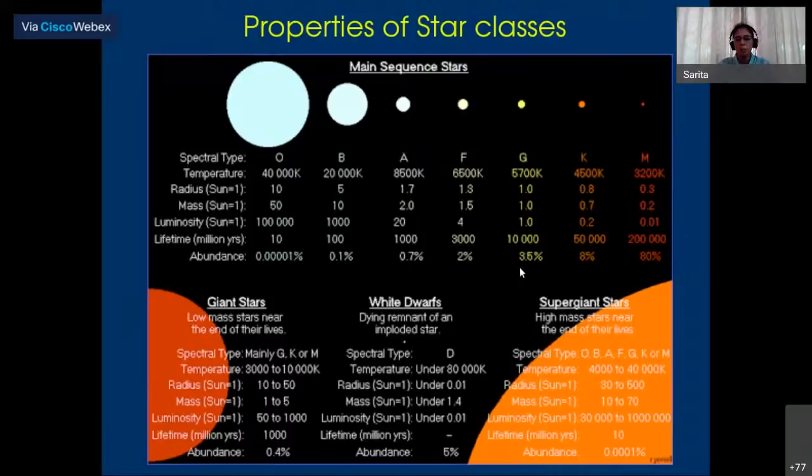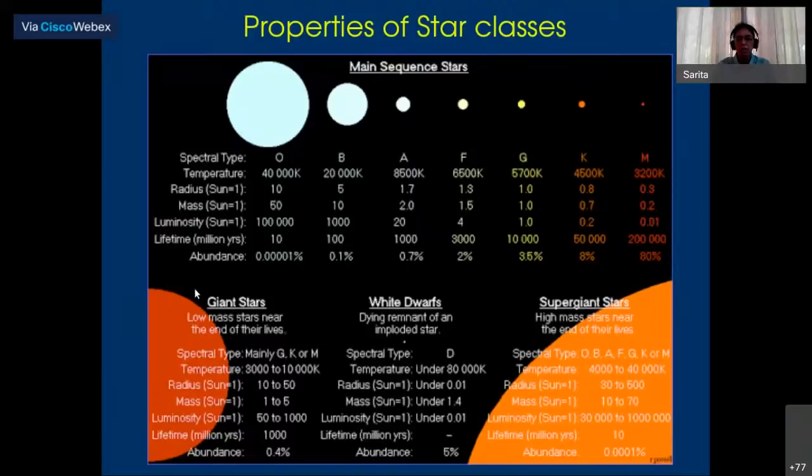And abundance does not mean the composition here. Abundance means, suppose you take a random group of stars, how often you will find O type stars, how often you will find red type stars. And from this you can immediately see that the low mass stars are much more common than the high mass stars. So we will be touching on some of these aspects as we move along, how the properties change with mass and so on.